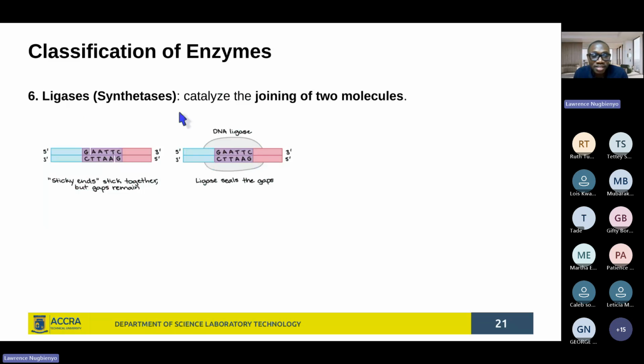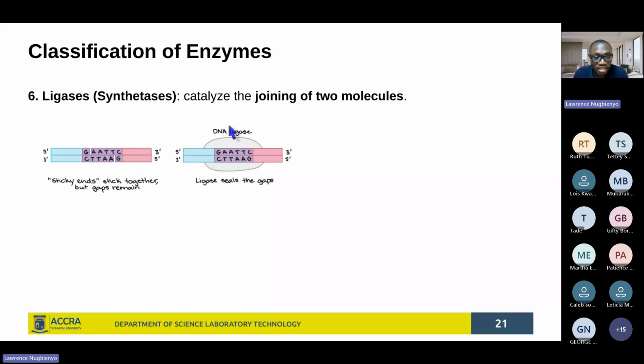This one too, you have seen DNA ligase as an example, particularly after the formation of a new nucleic acid from the process of replication, you have some gaps that are left, particularly on the lagging strand, and even in the leading strand, because the process is a semi-conservative process.